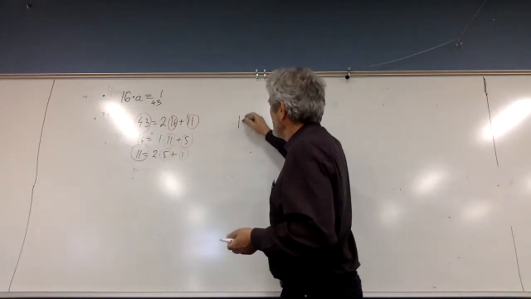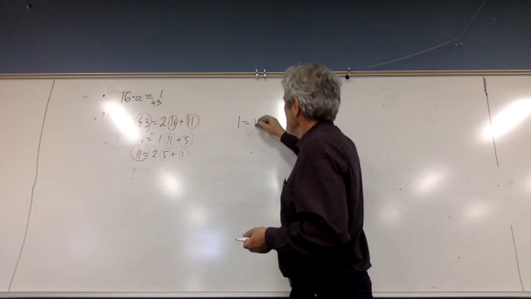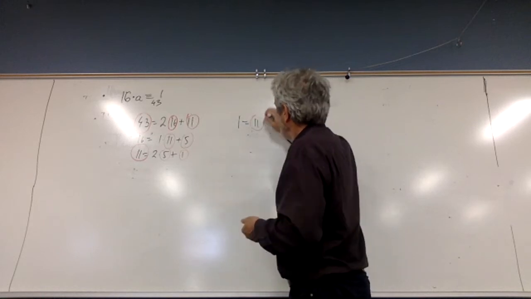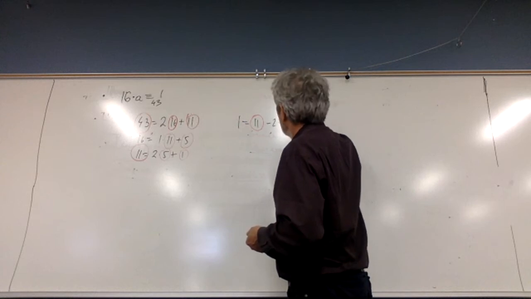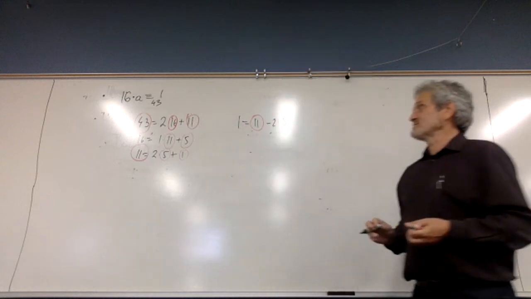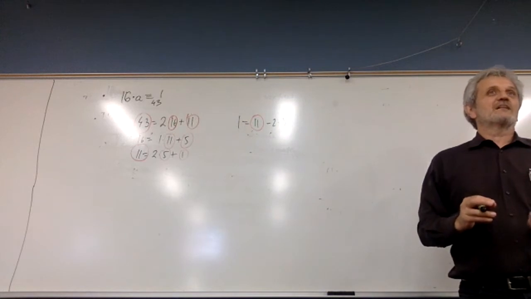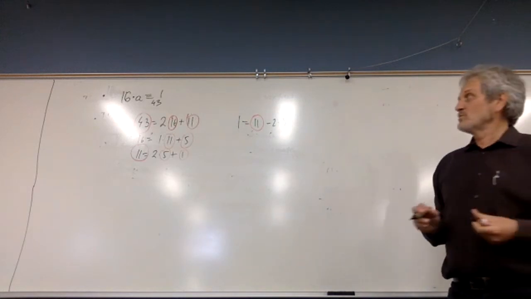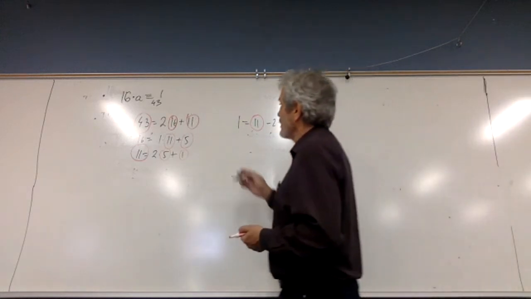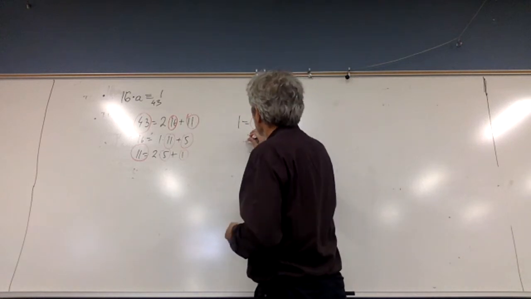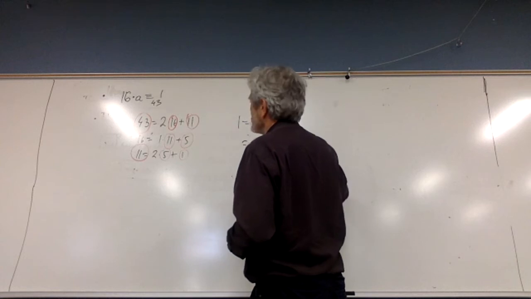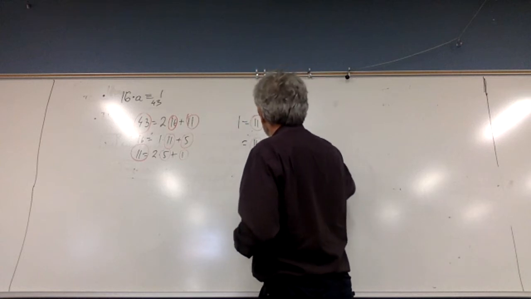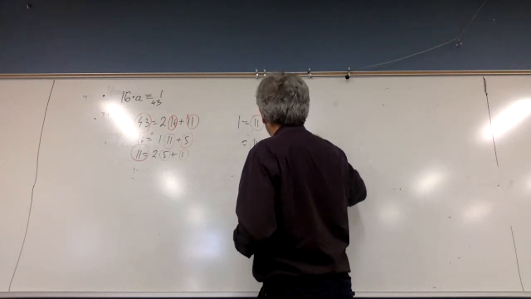So 1 equals, from here, 11 minus 2 times 5. So these are vectors, 11 and 5, and 2 is a scalar. And then we trade the smaller one. So 5 is 16 minus 1 times 11.